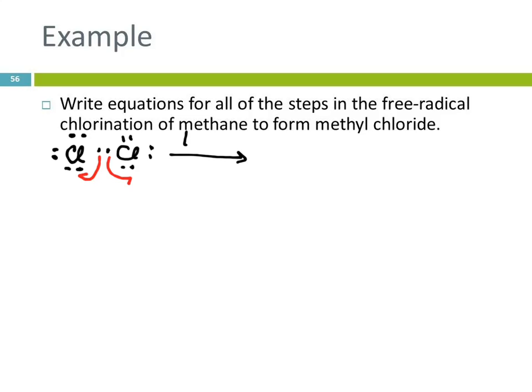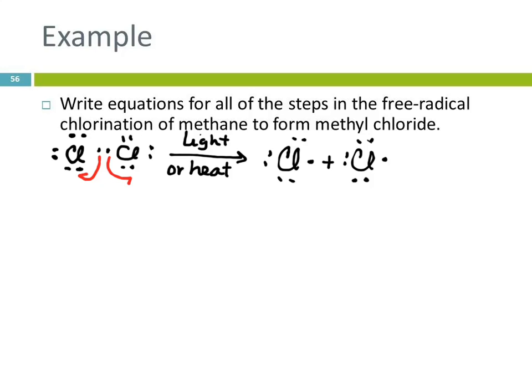We need light or heat, something, an energy source. And then the product of that is these two chlorine atoms. So that's the first step, the chain initiating step.